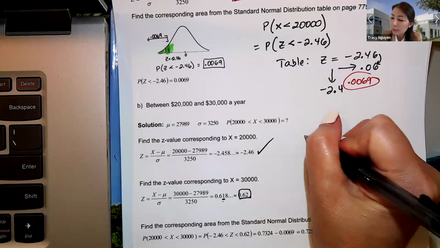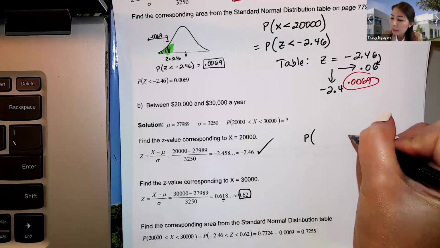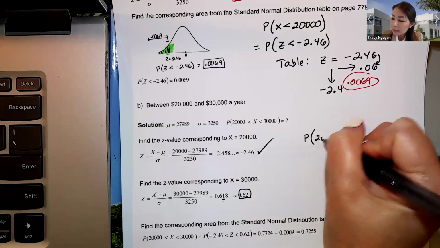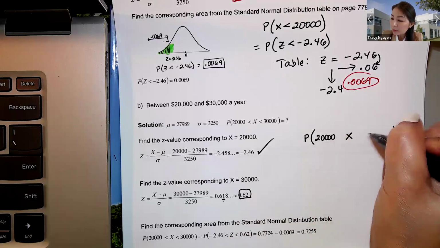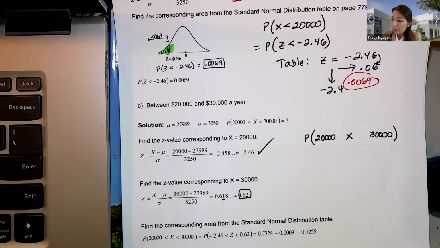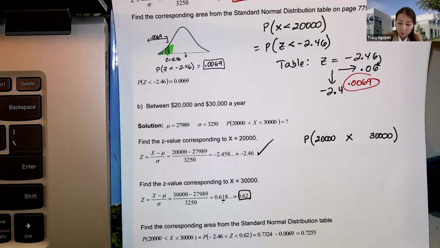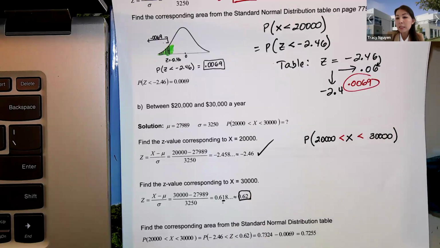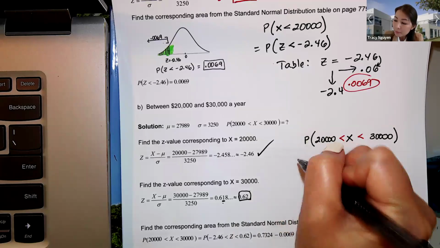All right, so let me rewrite the problem here. We're starting out with between X equals 20,000 to 30,000. And how do we write our inequalities for between? Between, we write it like this, just like the notation you've seen for between from 6.1.